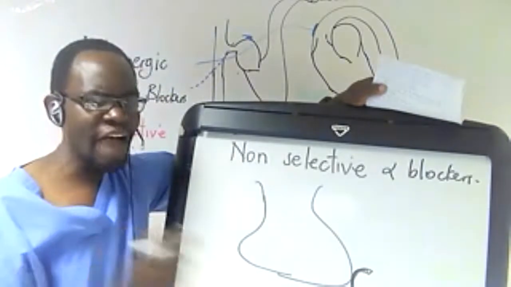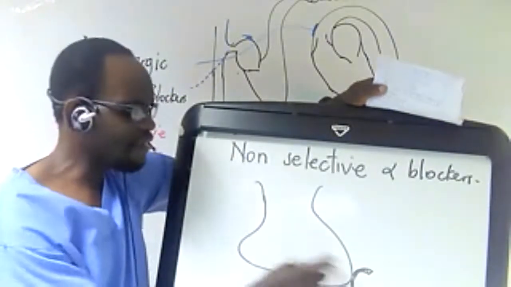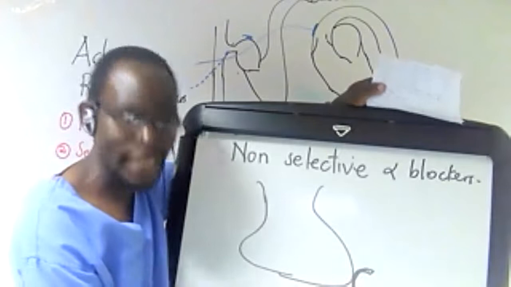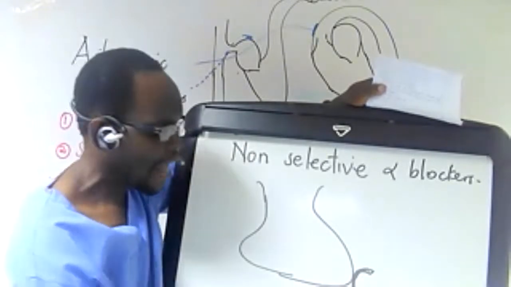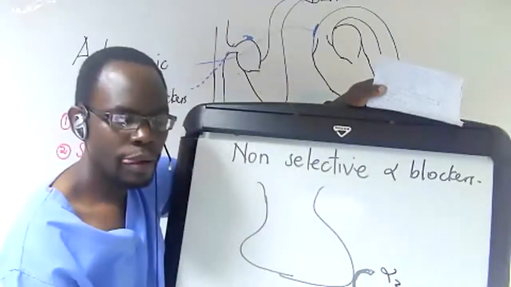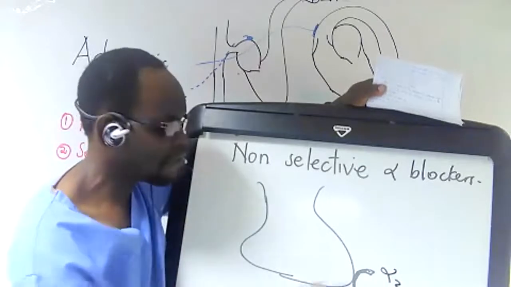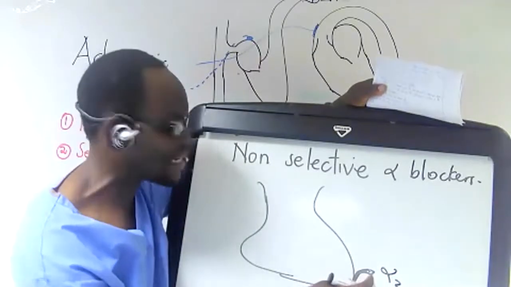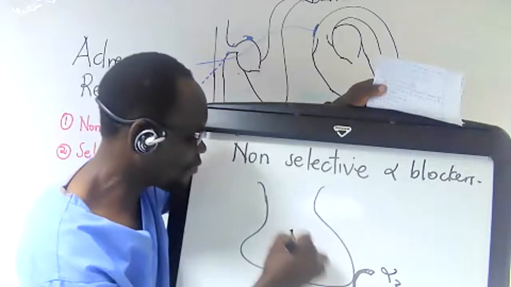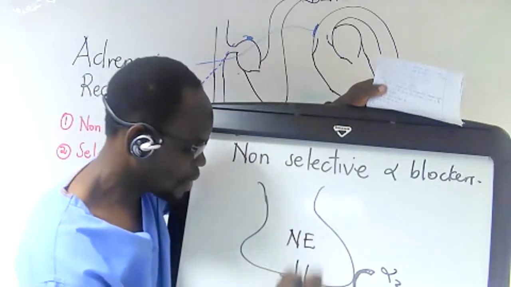So if you have a drug that blocks alpha 2, what does that mean? It means that norepinephrine will continually be released.